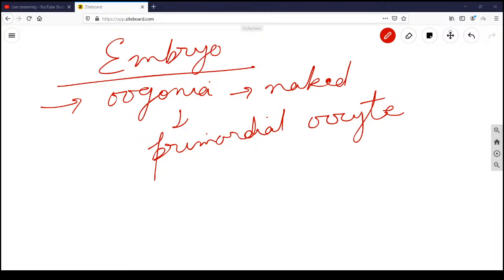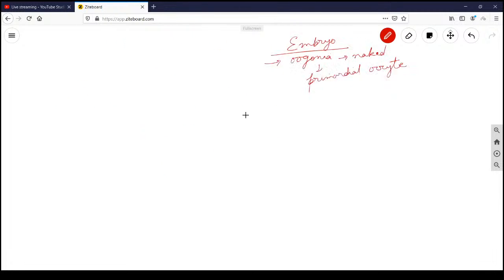By birth, the primary oocytes are completely invested with a complete layer of follicular cells, the granulosa cells, and it then becomes a primary follicle.